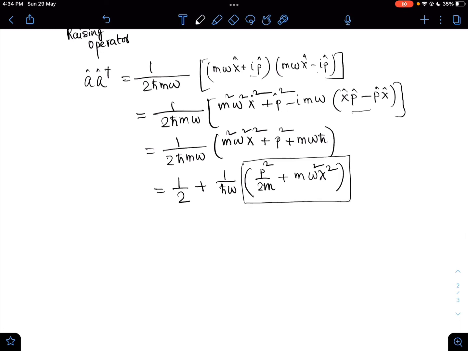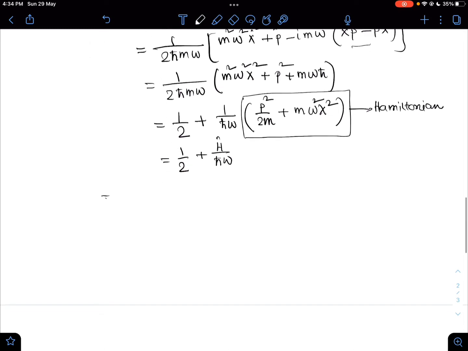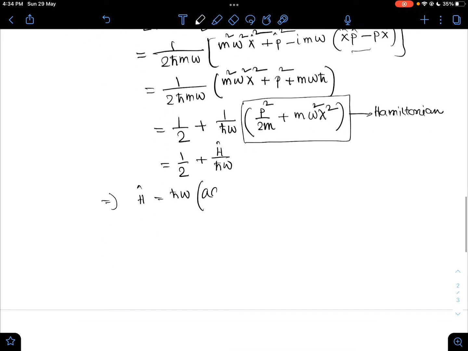This we know is our Hamiltonian, our simple harmonic oscillator Hamiltonian, the quantum one. We will replace this here, so we have minus half plus H by h bar omega. So we can write our Hamiltonian as h bar omega times a dagger a plus half. This is our Hamiltonian in terms of the raising and lowering operators.